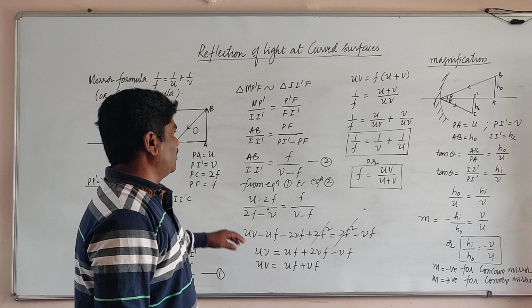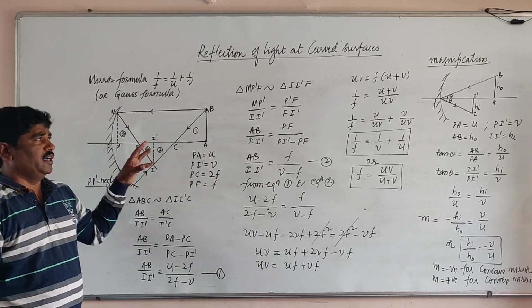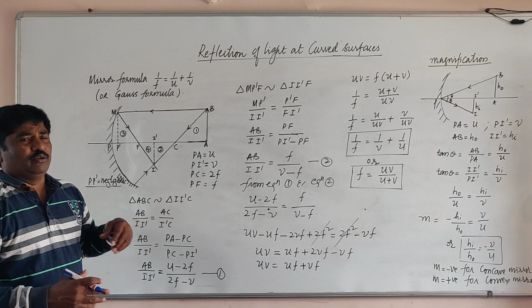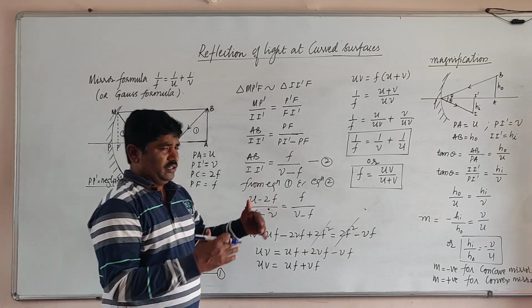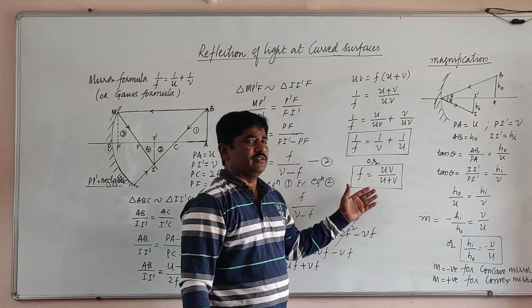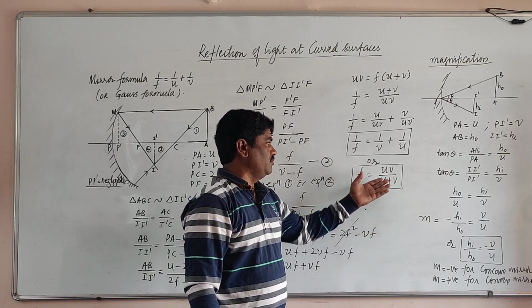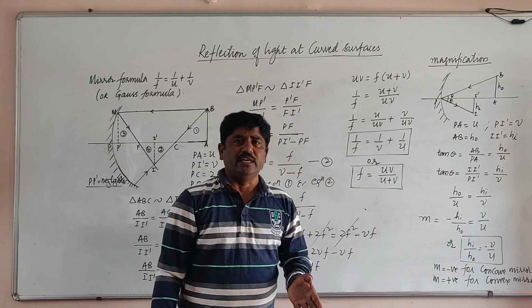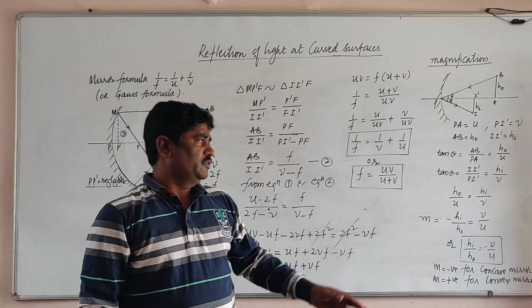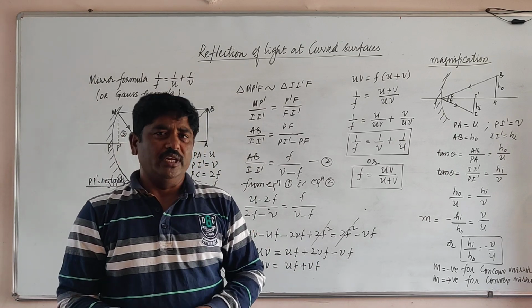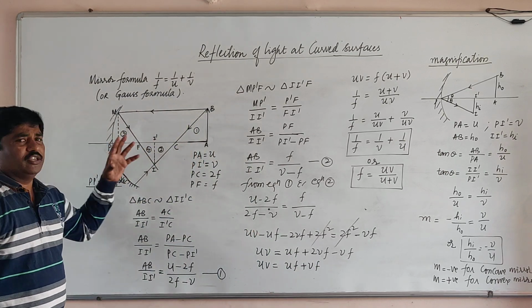So with this we can determine the mirror formula and we can calculate. Whenever a concave mirror is given, how to determine the focal length: by keeping different positions, you can calculate u value, you can calculate v value. Thereafter by substituting this you can find out the f value, f is nothing but the focal length of the concave mirror, and this is the Gauss formula.